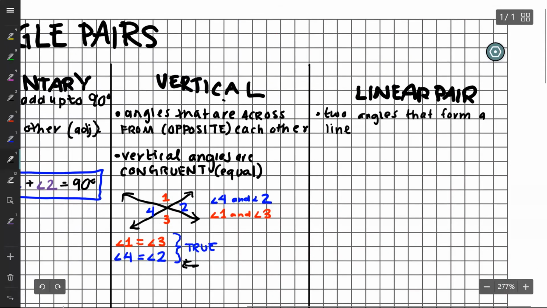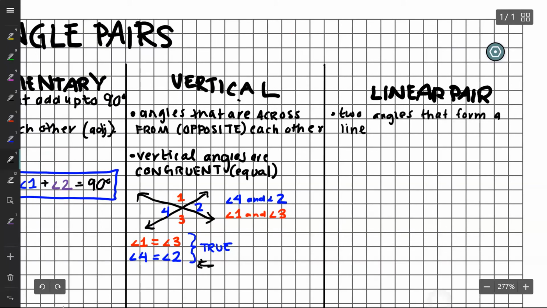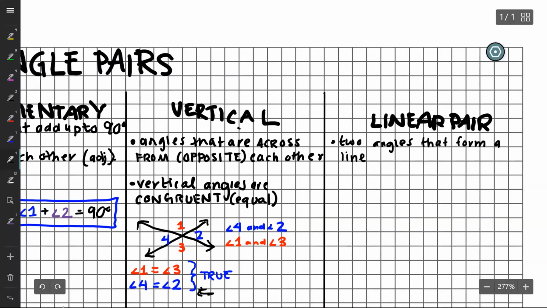Right, this has to be two angles because it's only a pair. And linear pairs are supplementary, which means that they add up to 180 degrees.